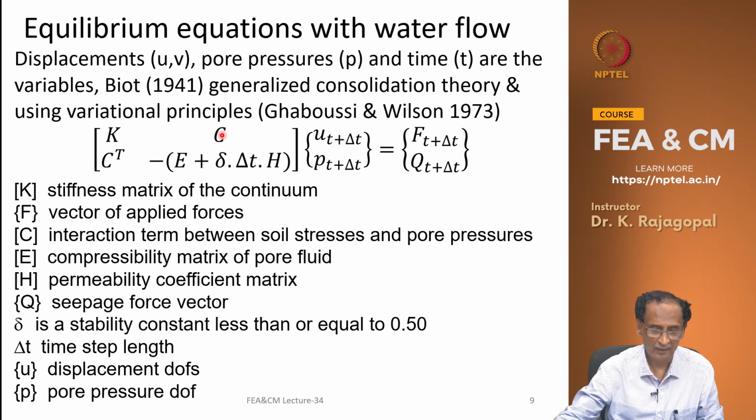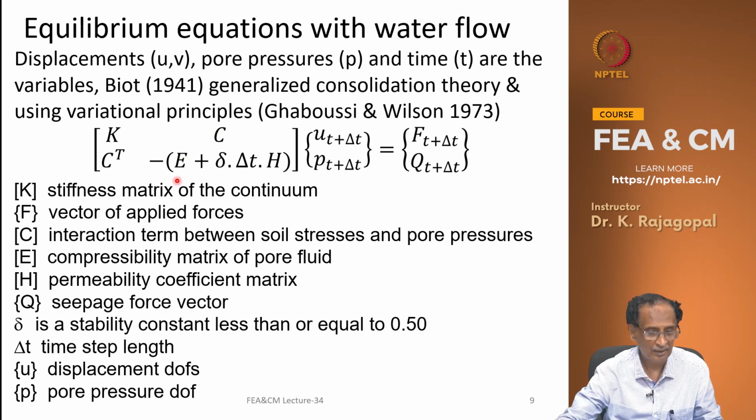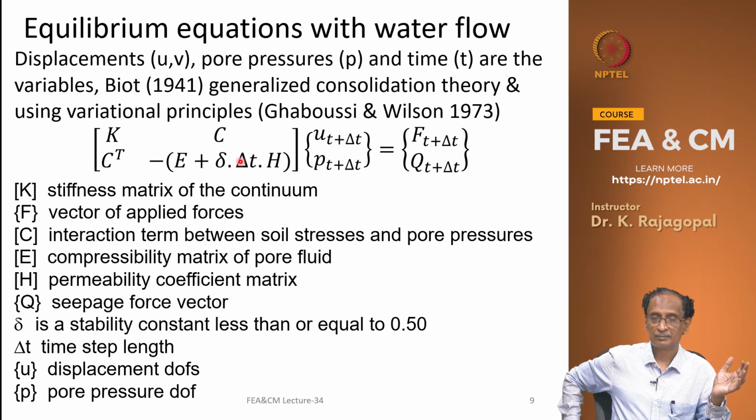C is the interaction matrix between the pore pressures and the soil skeleton, and here we have E. E is the compressibility matrix of the pore fluid, and delta is the stability constant, usually taken as about 0.5, and delta t is the time step length, and H is the permeability coefficient matrix, and this could be either isotropic or anisotropic, it does not matter.